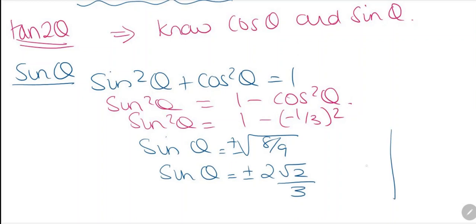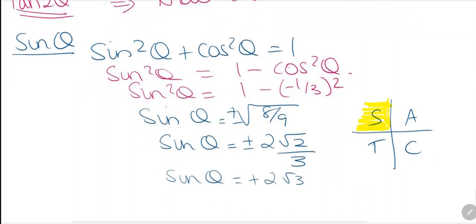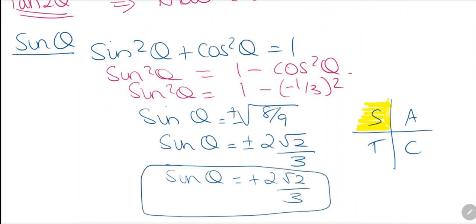Now if we look at our quadrants, we're looking between 90 and 180, which is quadrant 2, and sine is positive there. So the sine of theta is plus 2 root 2 over 3. This is the value we're using.